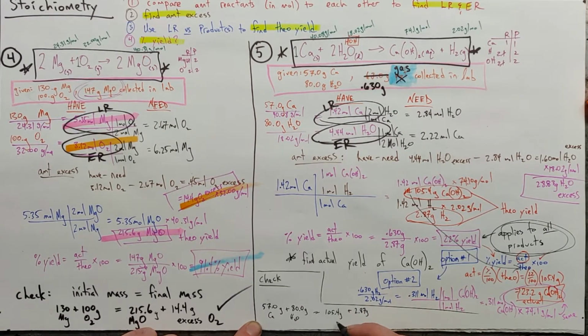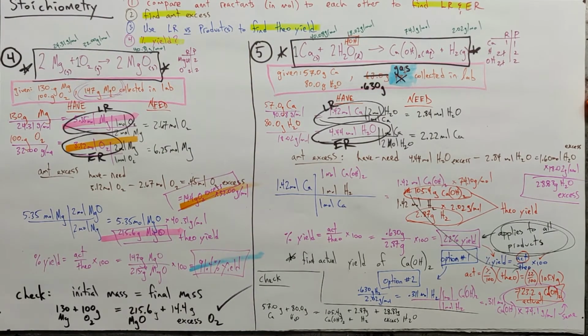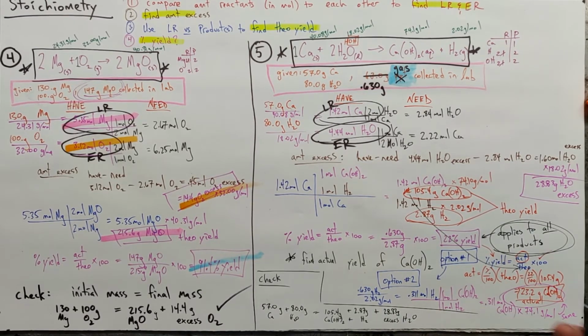That's our theoretical yield of calcium hydroxide and hydrogen gas, plus whatever we had left over, which is the 28.83 grams that we had in excess, right? And the 57 and 80 gives you 137, and the 105.4 and the 2.87 and the 28.8 gives you right around that same number, 137.